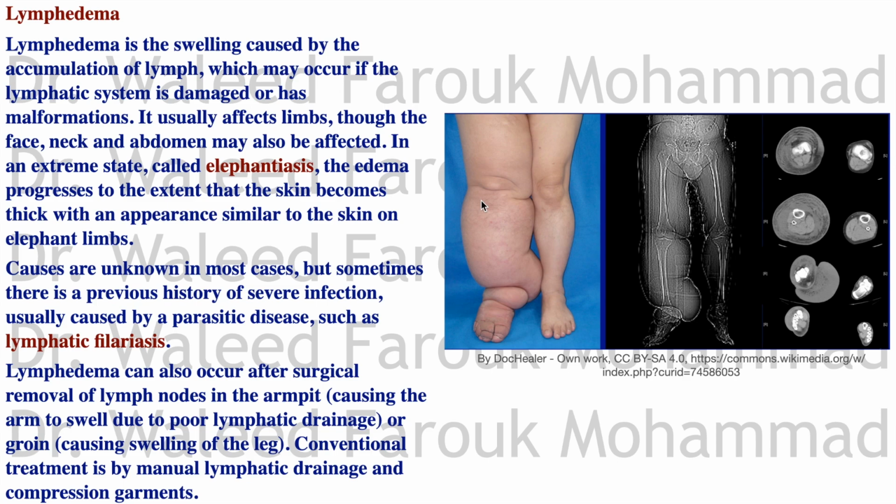Lymphedema also can occur after surgical removal of lymph nodes in the axilla, for example, in case of breast cancer, or the groin. In the axilla, it causes swelling of the upper limb, and in the groin, it causes swelling of the leg. Treatment is by manual lymphatic drainage and compression garments.